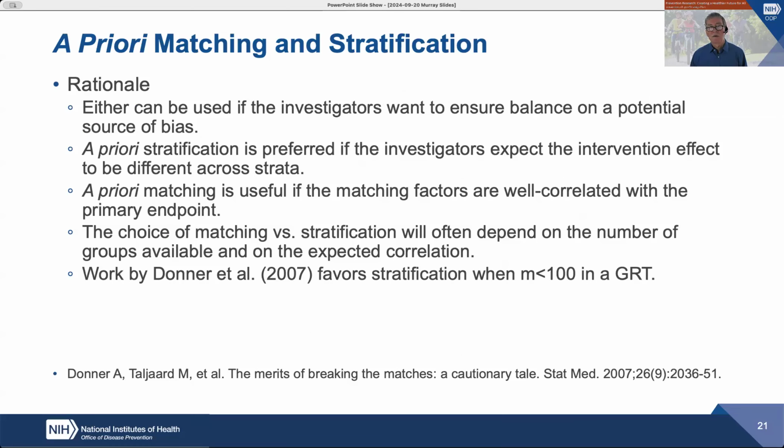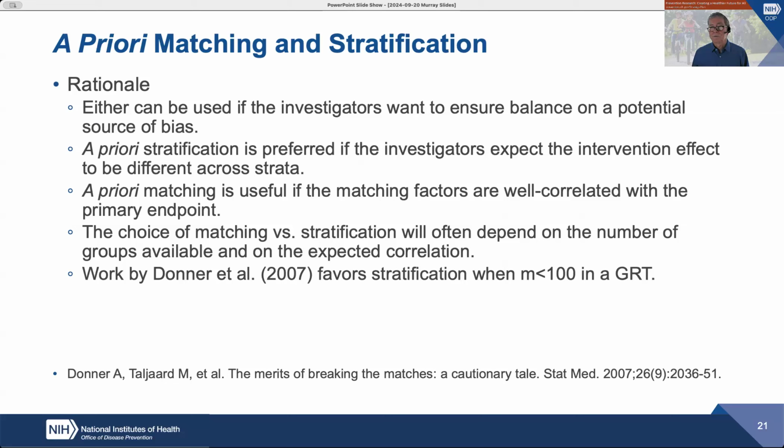A couple of other points I want to make on the design side. A priori matching and or stratification are good strategies to use. I recommend them quite generally. They can be used in any of the four designs that we've discussed. You can use either one to ensure balance on potential sources of bias, potential confounders.